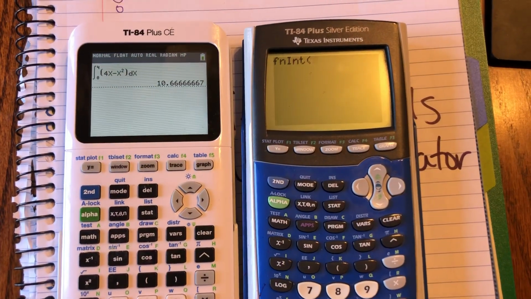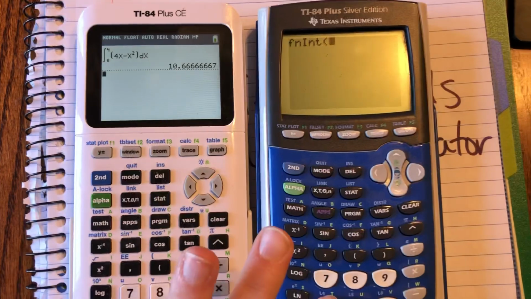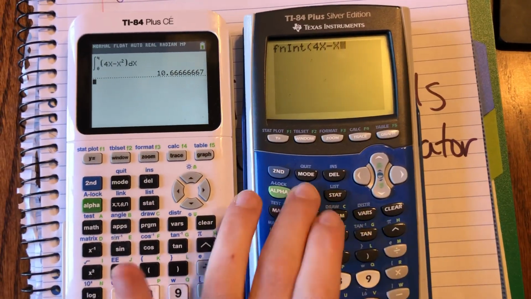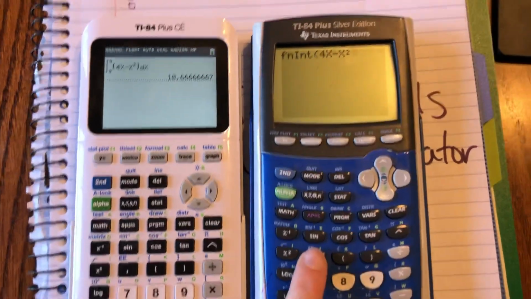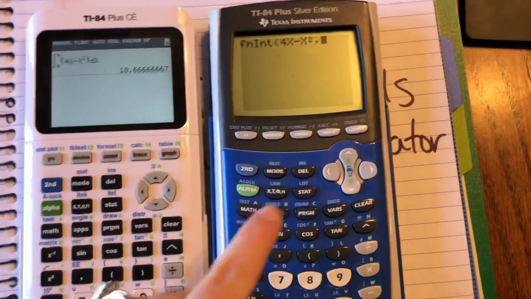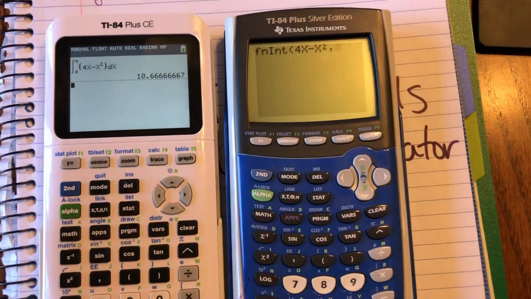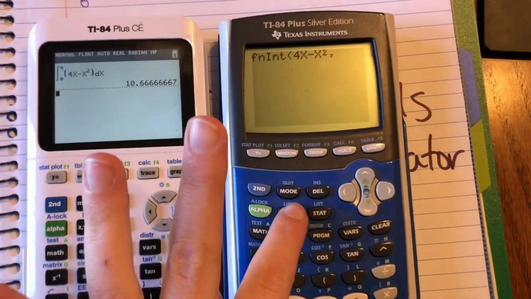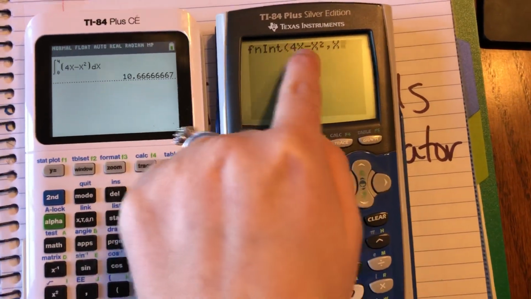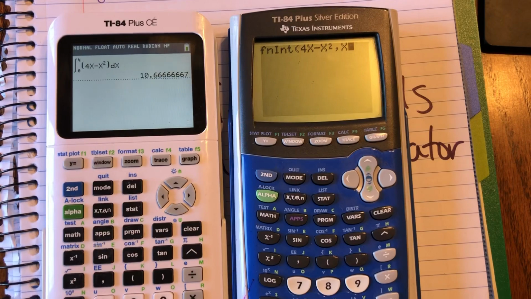So over here, you have to plug in the function first. So the function 4x minus x squared. Then you've got to hit this comma right here. Then you have to put the variable which you're taking the antiderivative with respect to. So you have to put comma x. You will always do that after the function you're taking the antiderivative of.